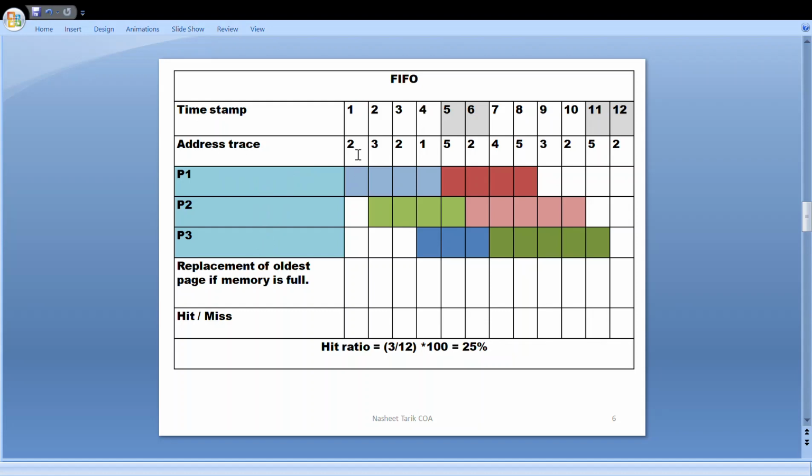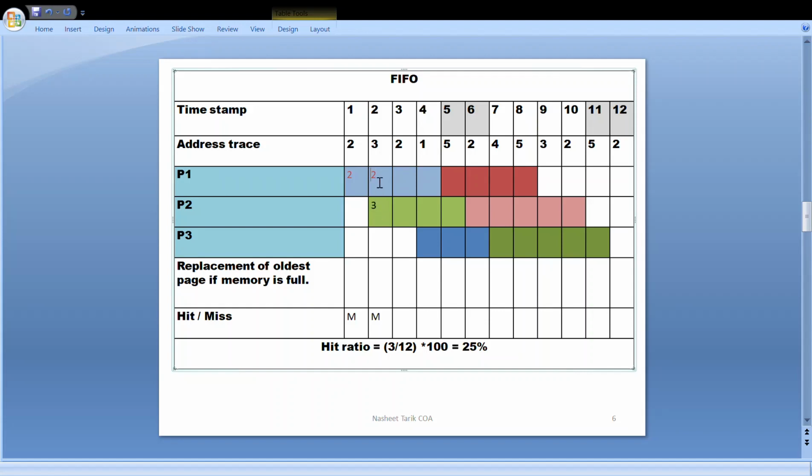Now the address location wants to access page 2, and it is not there in M1, so a miss occurs. And from your virtual memory, this page needs to be copied into your main memory for future access. Now page number 3 needs to be accessed, which is again not there in your M1 memory, so it is a miss. And again this page needs to be copied into your M1 memory.